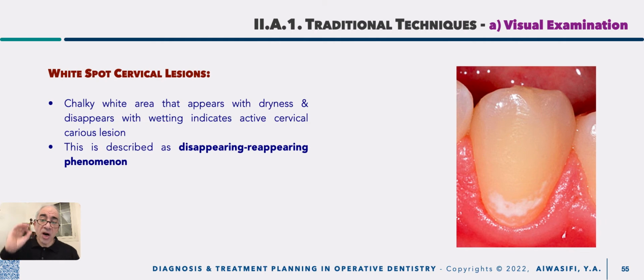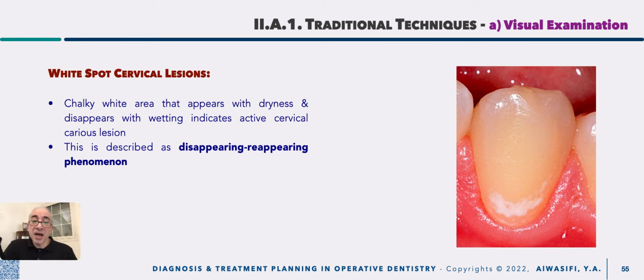Then you definitely need to diagnose the presence of microporosities, not the presence of discoloration. Using our knowledge, if it is microporous, then with wetting it will be occupied with saliva that will hide this discoloration.